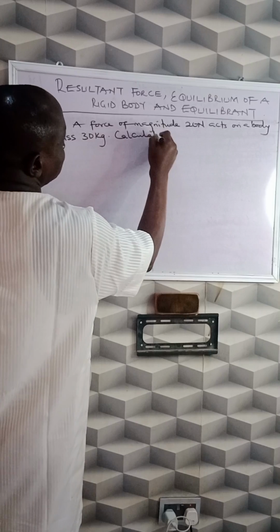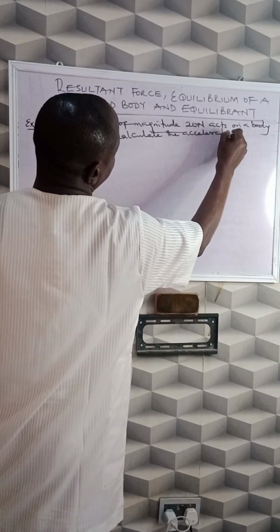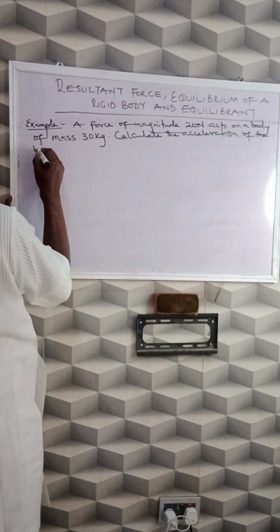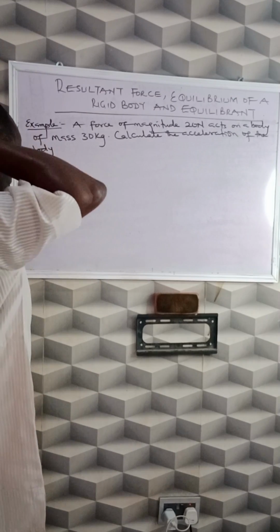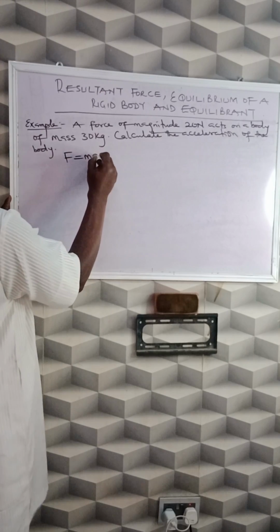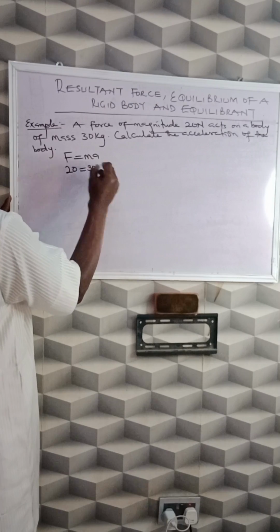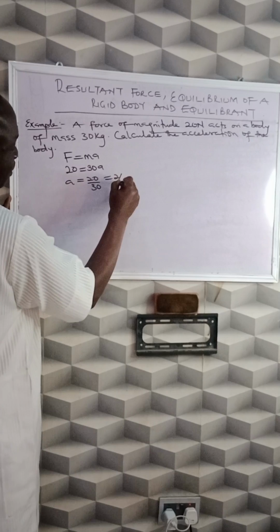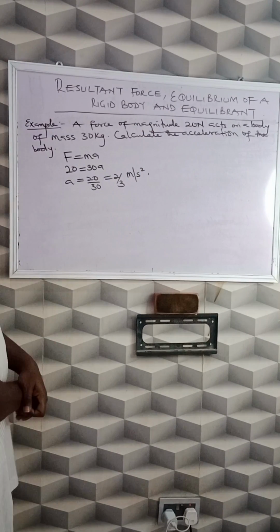Calculate the acceleration with which the body moves, or the acceleration of the body after being acted upon by a 20 Newton force. So from F is equal to ma, this one is given to be 20, is equal to 30a. So a is equal to 20 divided by 30, so it's equal to 2 divided by 3 meter per second squared. So it gives you this acceleration.